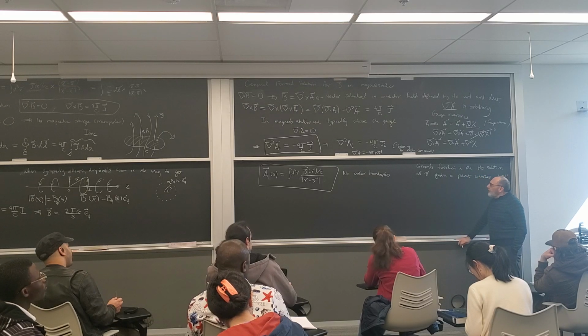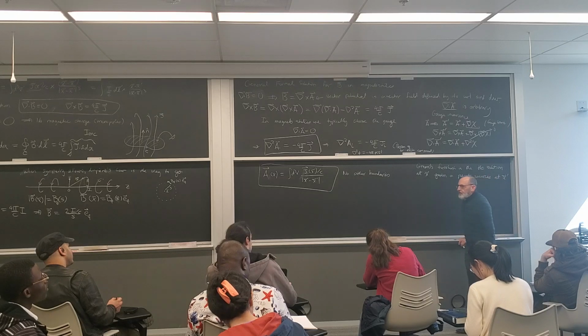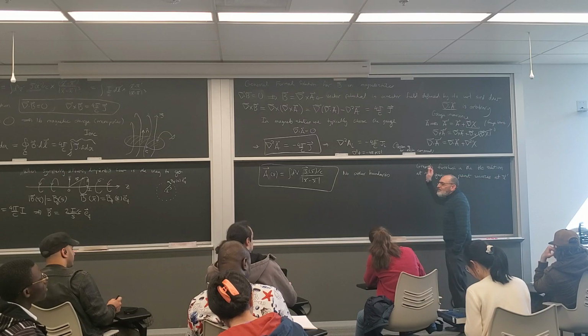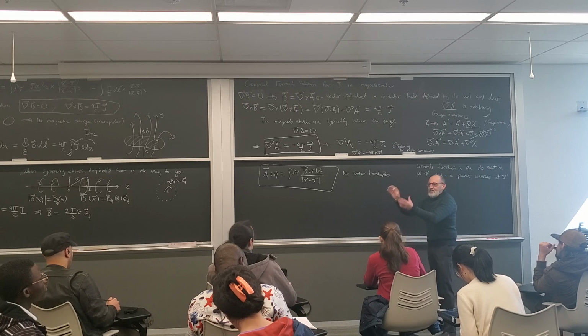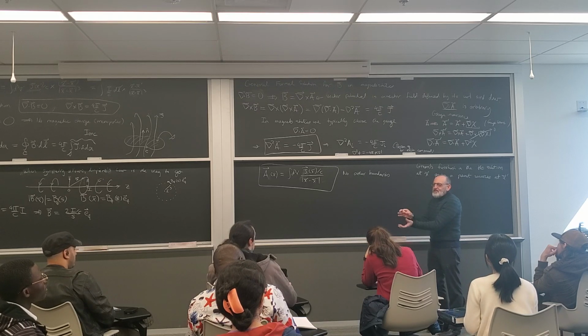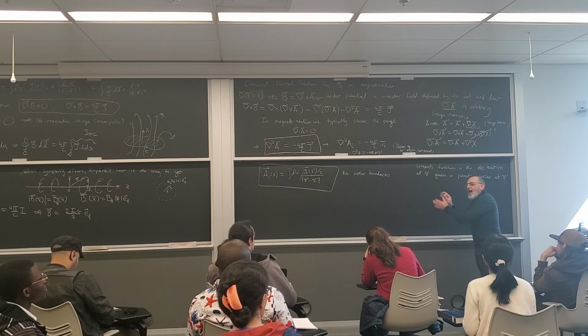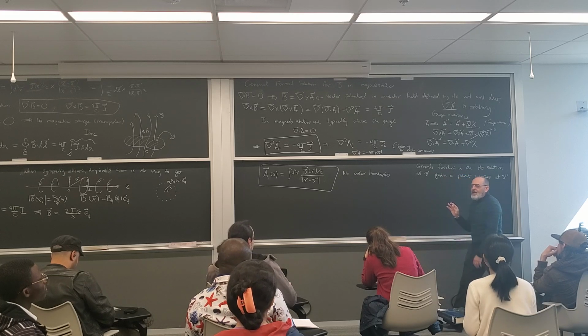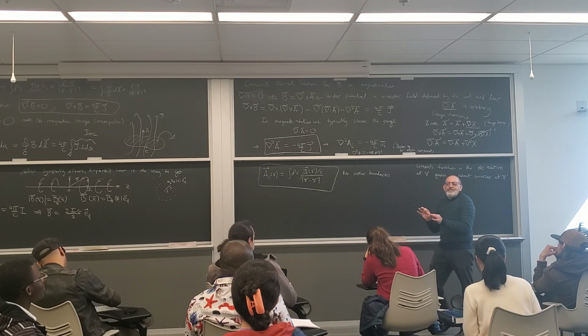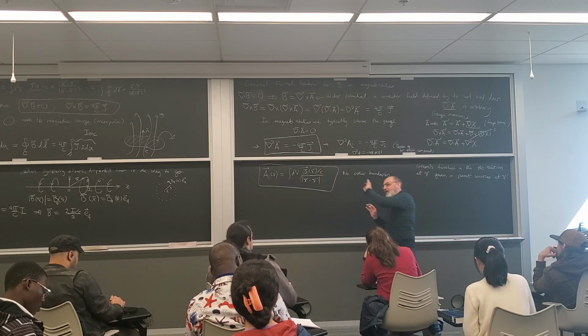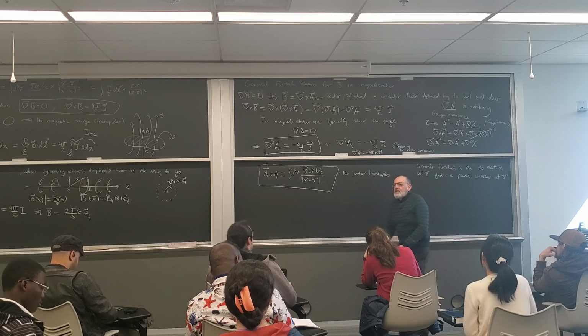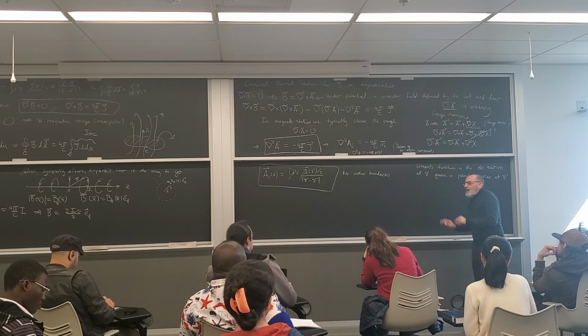Okay? That's what the Green's function is. So for anything, a Green's function is: I have some differential equation for some function of x, and I have a source. And what I solve for is the solution for that function at the position x given the source at x prime. That's what we mean by the Green's function.